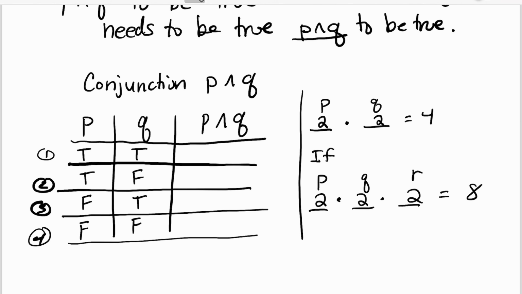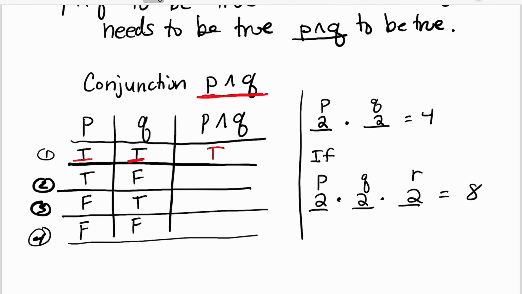Okay, so now with P and Q, remember, in order for our new proposition, where this whole thing is stated together, to be true, I need both P and Q separately to be true. In the first row, P is true and Q is true, so that means P and Q is true.